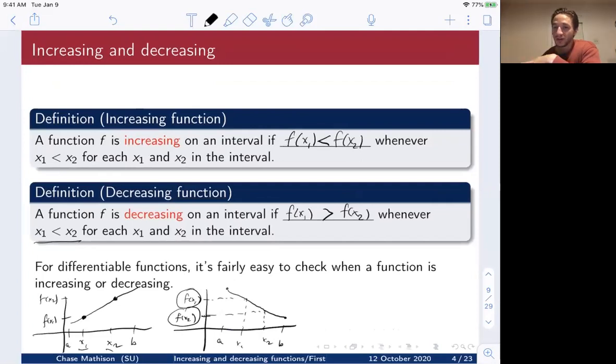For differentiable functions, which is what we care about in calculus, there's going to be a condition that's much easier to check than just picking any 2 points and seeing whether f of x1 is bigger than or smaller than f of x2. Okay. So are there any questions about the definitions of increasing and decreasing?